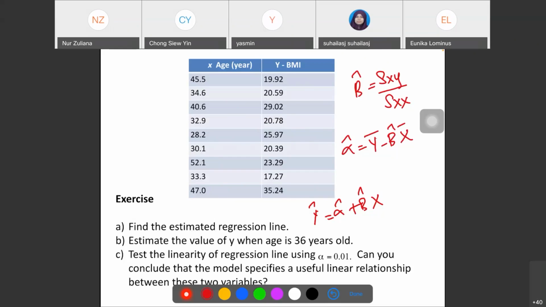But actually you still need the value for x1, x in order to solve the linearity of regression, because you want to test the slope. Testing the slope, so that means if beta equals 0, there is no linear relationship. When beta is not equal to 0, a linear relationship exists.